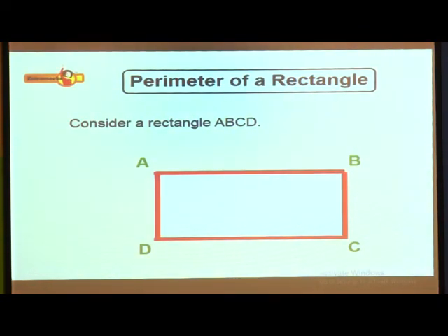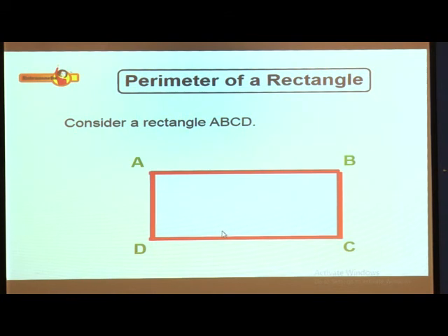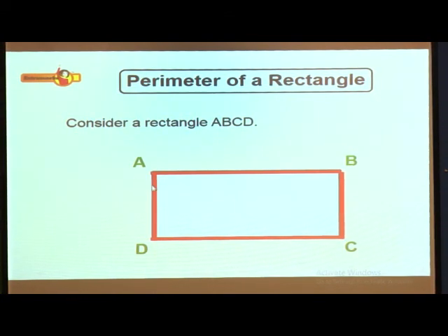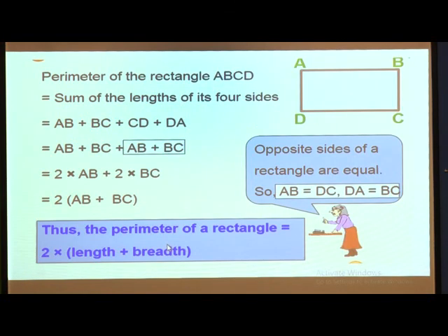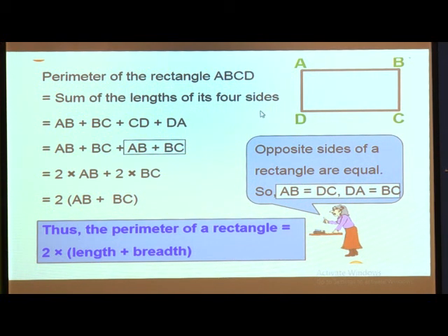Now, we are going to see a new concept to find the perimeter of a rectangle. Consider a rectangle ABCD. Now, you are well familiar with the rectangle. So, we have named this rectangle as rectangle A, B, C and D. Perimeter of the rectangle ABCD is the sum of the length of its four sides.